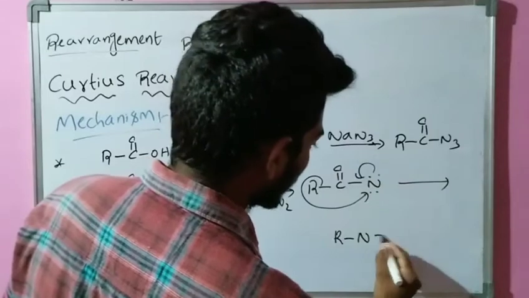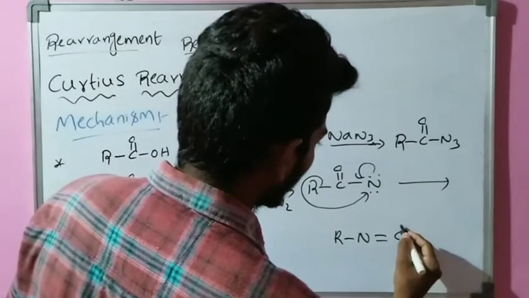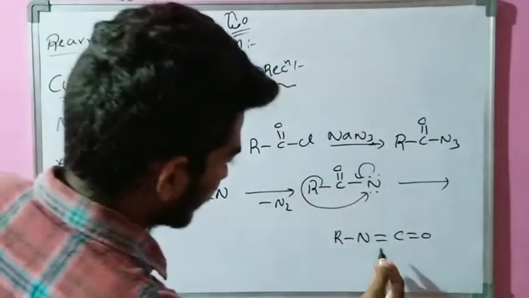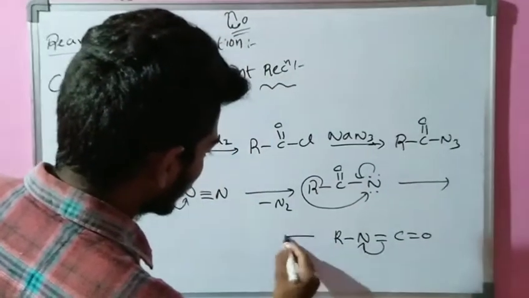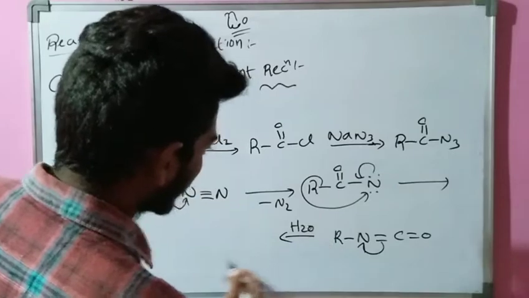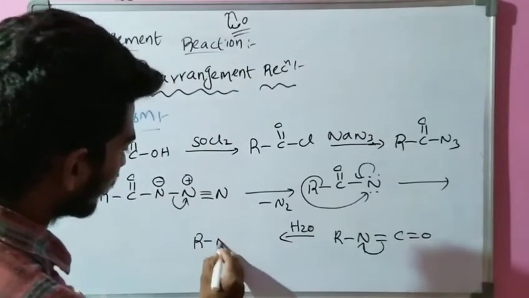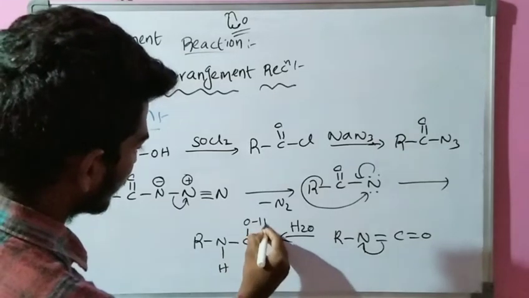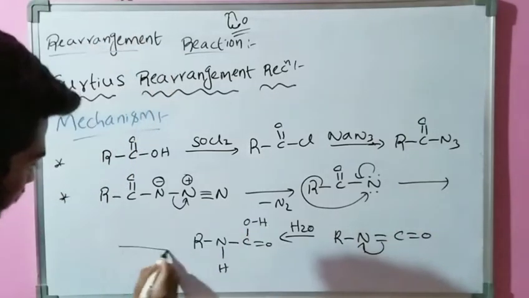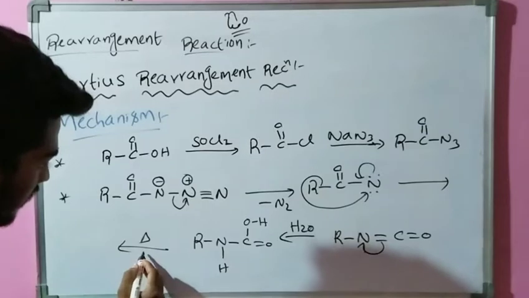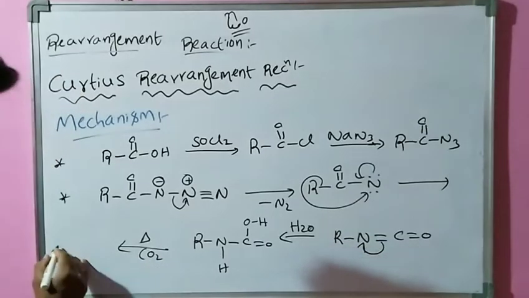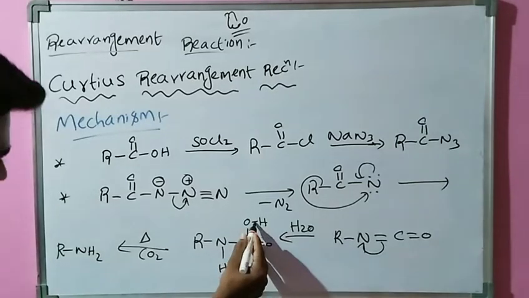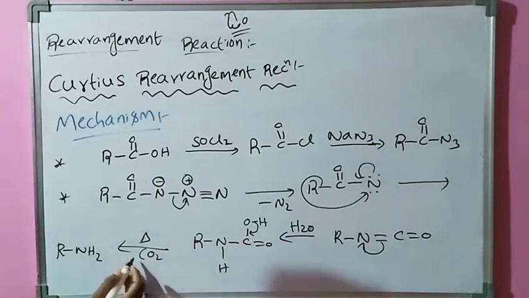This lone pair migrates here, and a double bond forms. This type of reaction takes place, and this bond migrates here, and hydrolysis takes place. Then this intermediate is formed, and decarboxylation takes place.